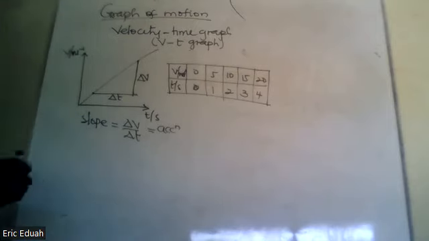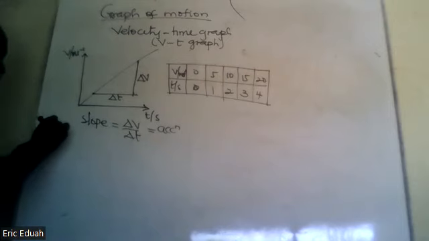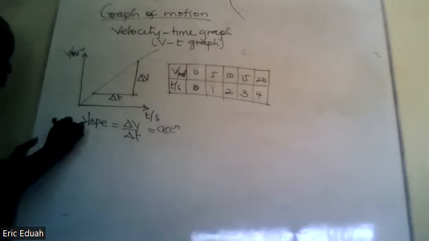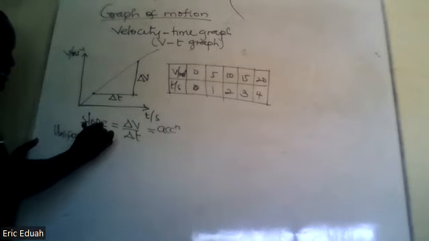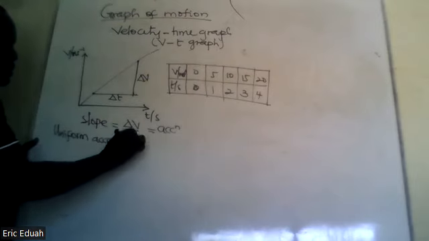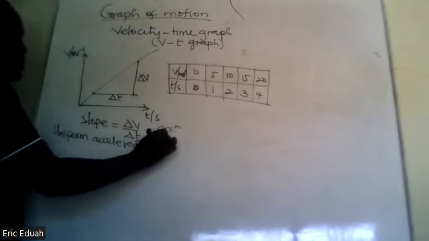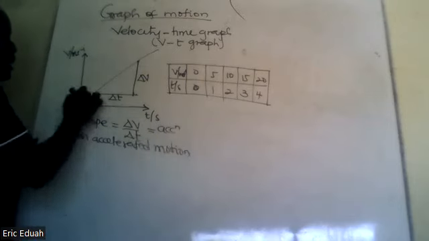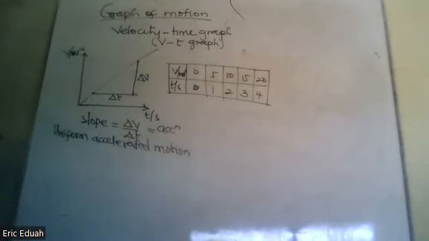And this motion is what we call uniform accelerated motion, because when you pick any 2 points, the acceleration is the same along the straight line.